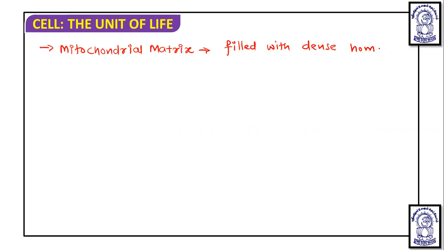Now, if we study further, we come to know that the inner compartment, or the mitochondrial matrix, is filled with a dense homogeneous substance called matrix.